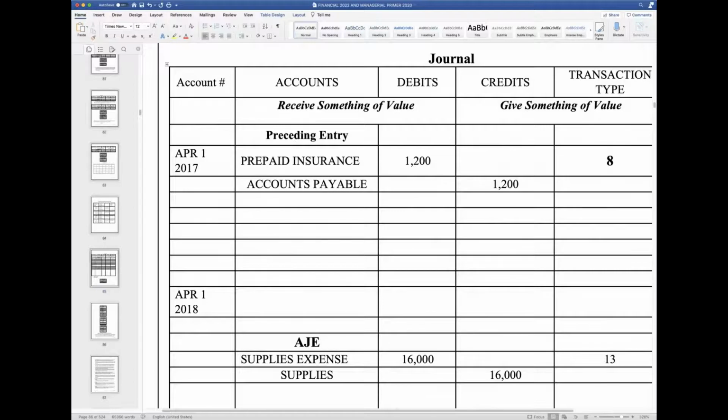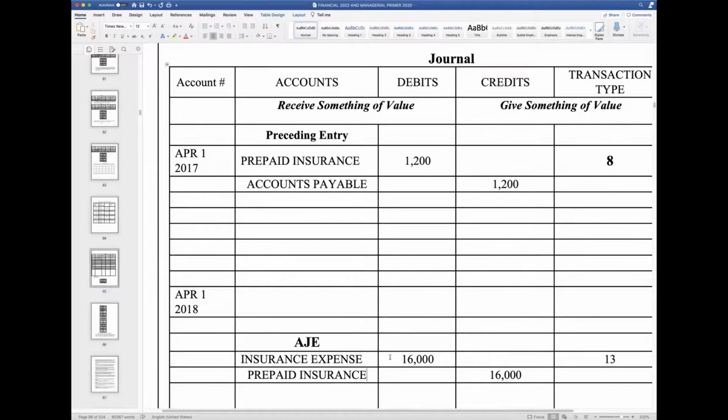The insurance is going to expire. So now we will have an insurance expense, and we're going to credit prepaid insurance, because when we buy it, it's a full asset. But as the months go by, the insurance is used up.